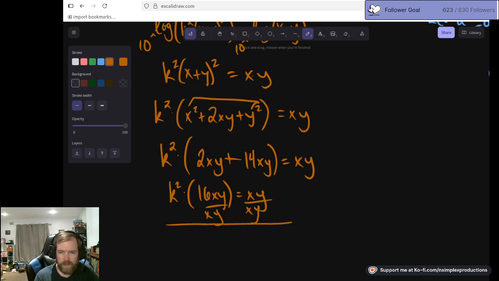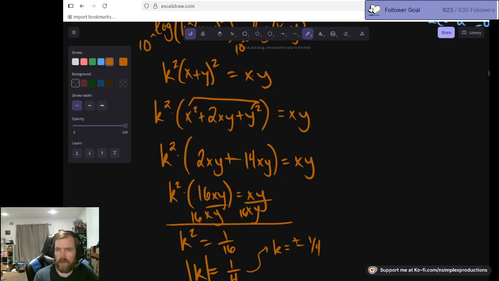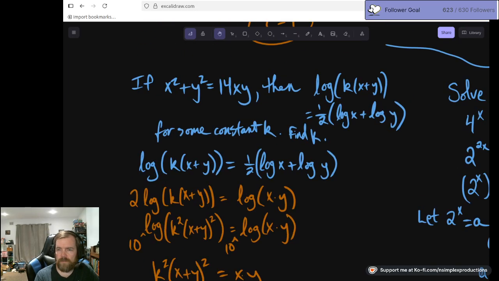I think we're good there. So k squared is equal to 1/16. Therefore the absolute value of k is going to be 1/4. So k is going to be plus or minus 1/4. Unless it said positive.